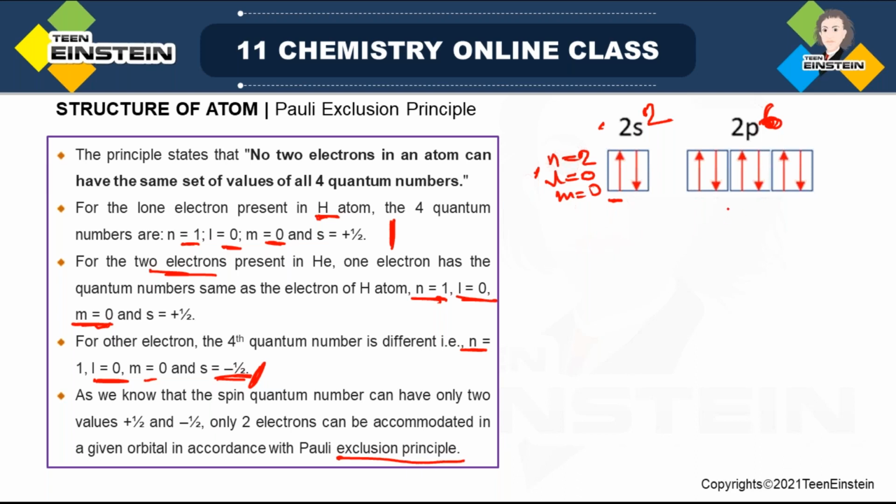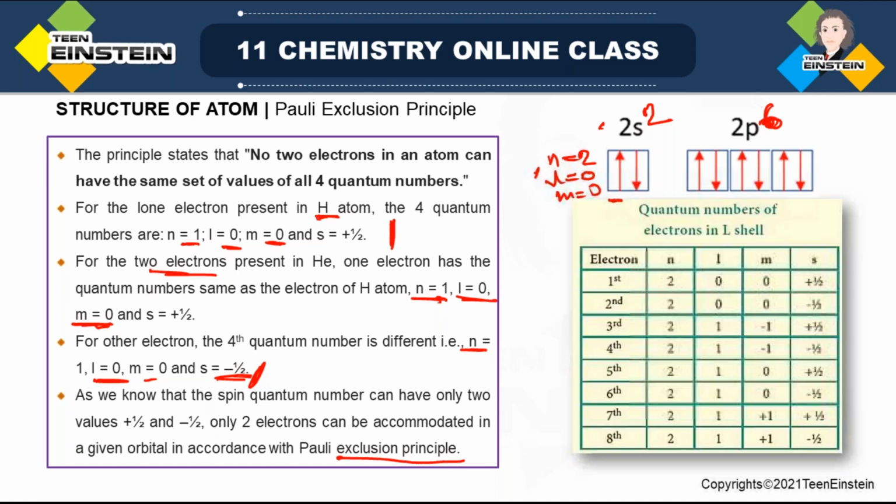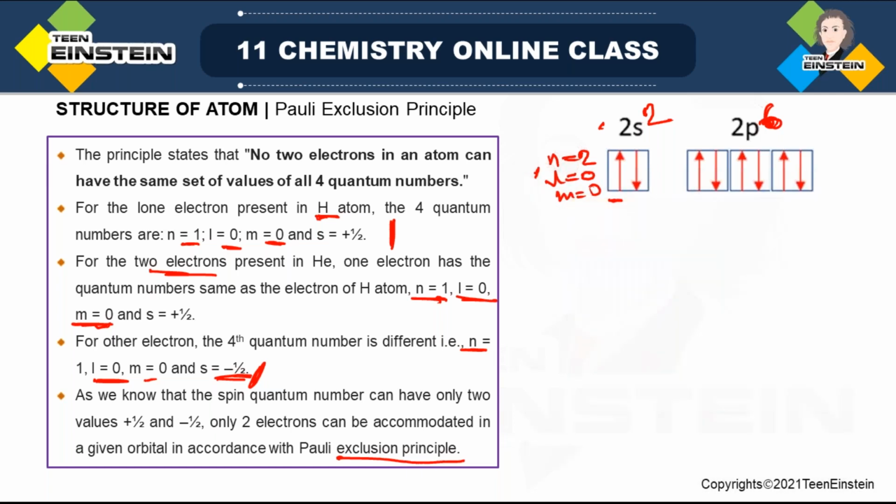Similarly, if you go to 2p, here l value is 1, because for any p orbital it is 1. n is 2. So these 2 are fixed for all these 6 electrons.